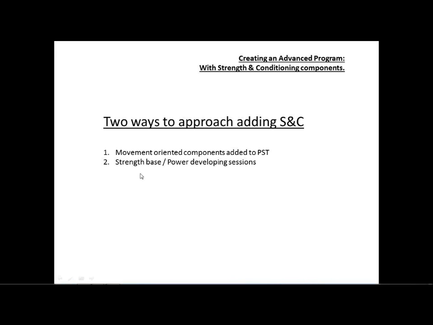One is using the exercises to enhance the PST movements, and secondly, to create more generic strength and power bases that will enhance the ability. So in one way, use exercises that are not rotational but movement specific, and then secondly, strength-based work that will improve or have impact on your ability to create those movements. I'm not going to go into any detail here, just ideas.